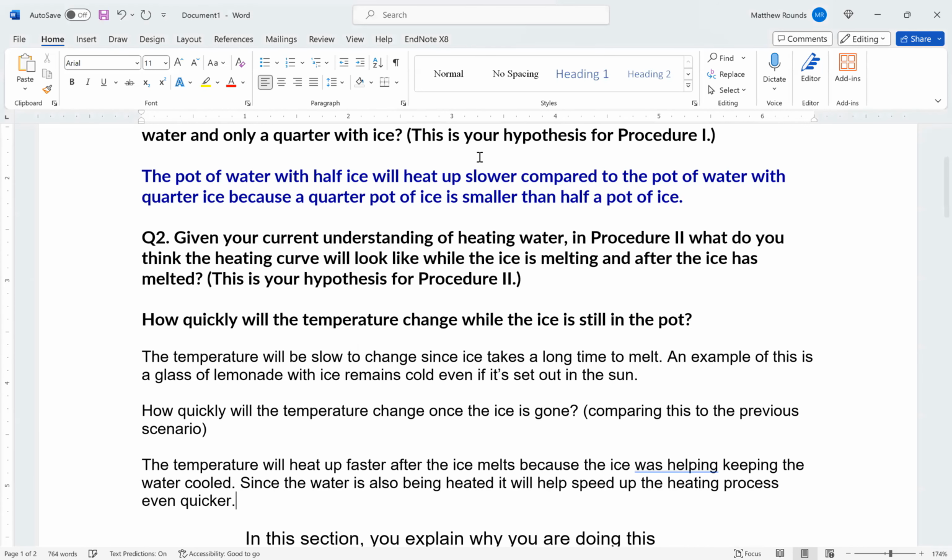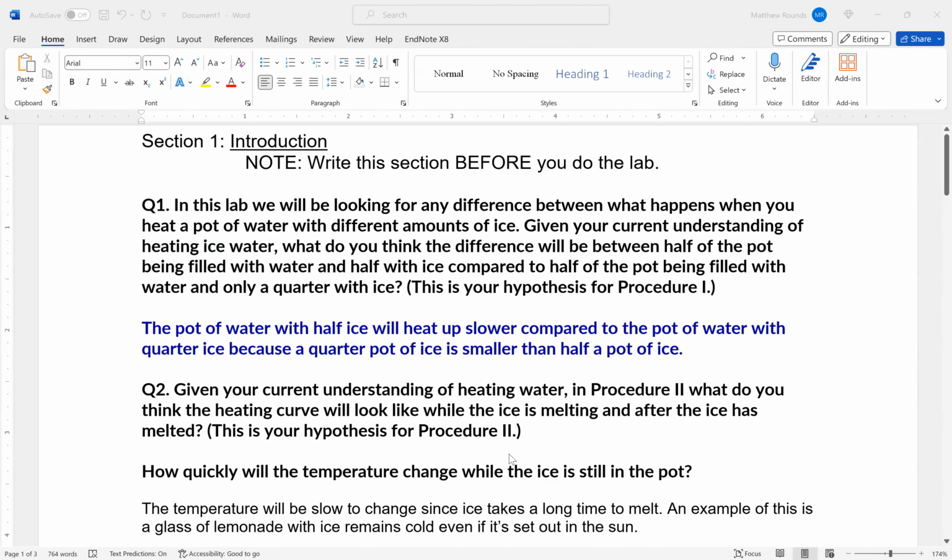So this is where I'm not sure exactly. If you read the description here, it says answer these questions to the introduction of the report before you conduct the lab. Question one is your hypothesis, procedure one. Question two is your hypothesis, procedure two.